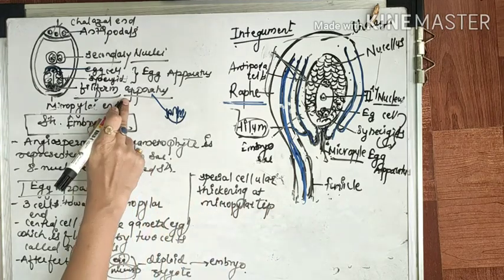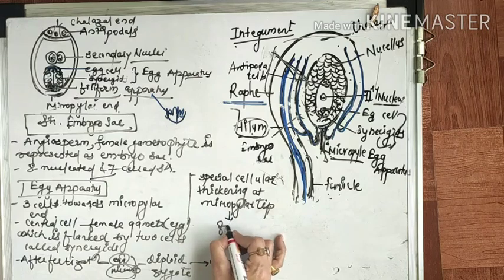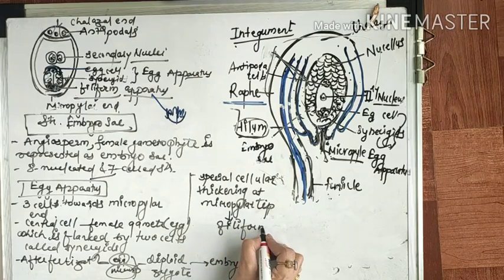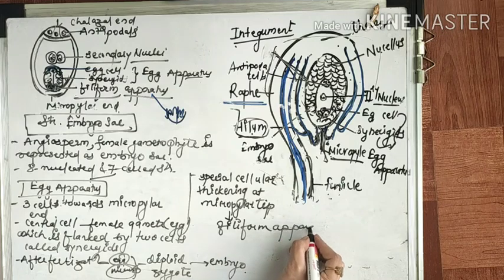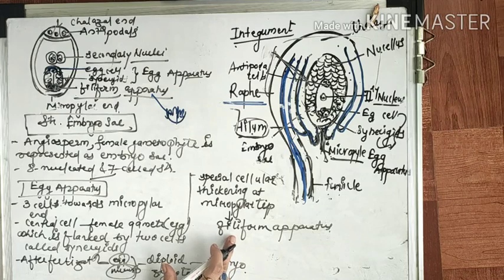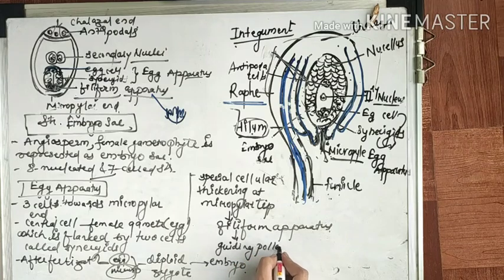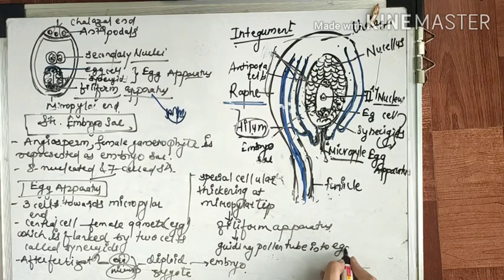It is known as the filiform apparatus, and this filiform apparatus plays a very significant role in guiding the pollen tube into the egg apparatus.